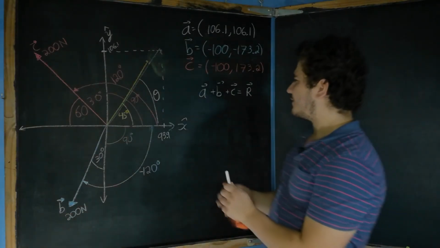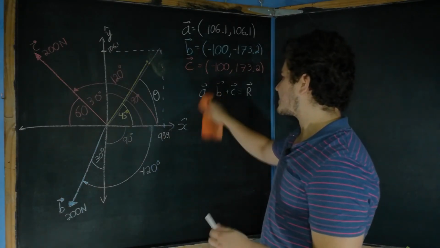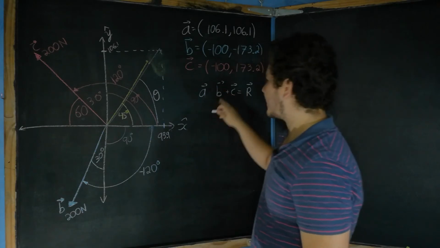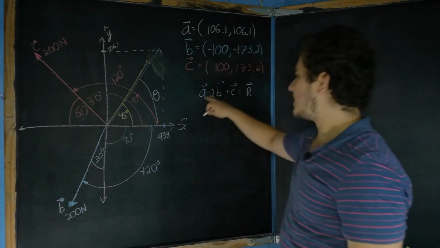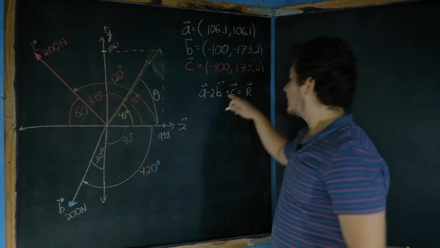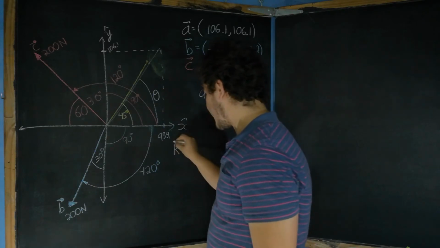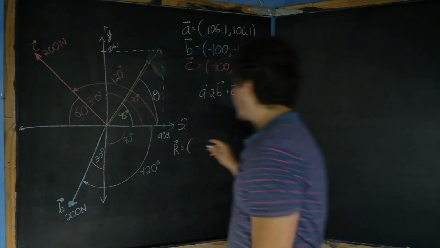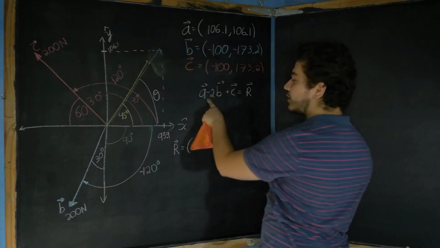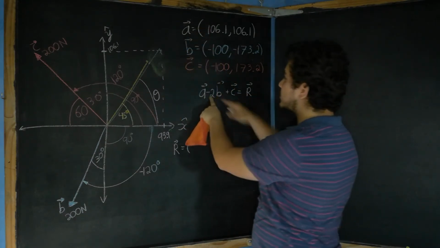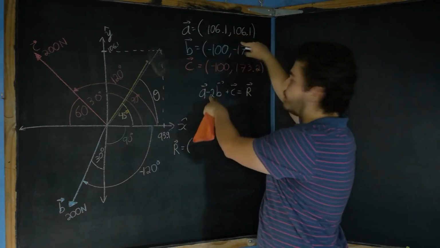What would happen if, instead of just adding them up, this time we multiply the vector b by a factor of -2. A minus 2 times b plus c. Well, in this situation, the number we put here will just enter the vector and multiply each of its components, okay?